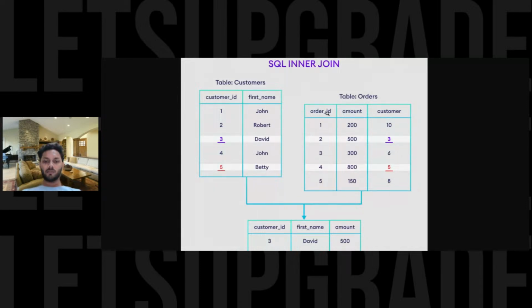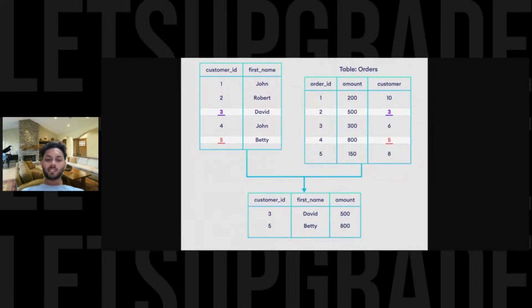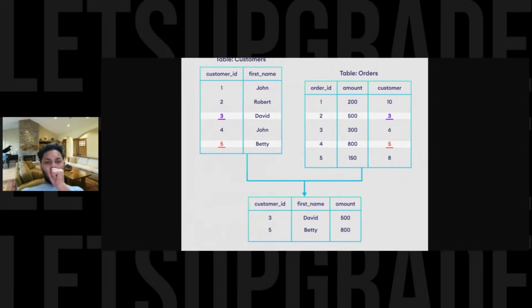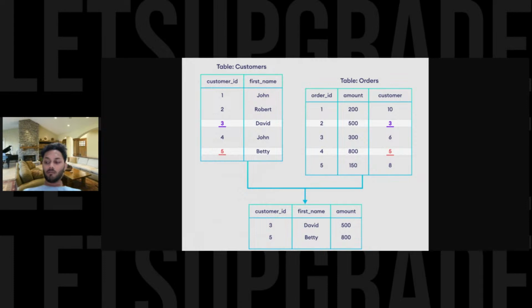Yeah. Now just see one thing, guys. Inner join is basically what? It will take all the columns. Now, let us say I have customer ID, first name, and now I have order ID, and customer is basically here.